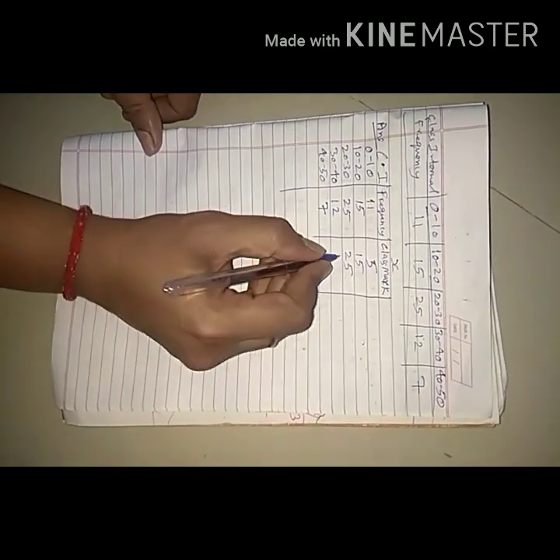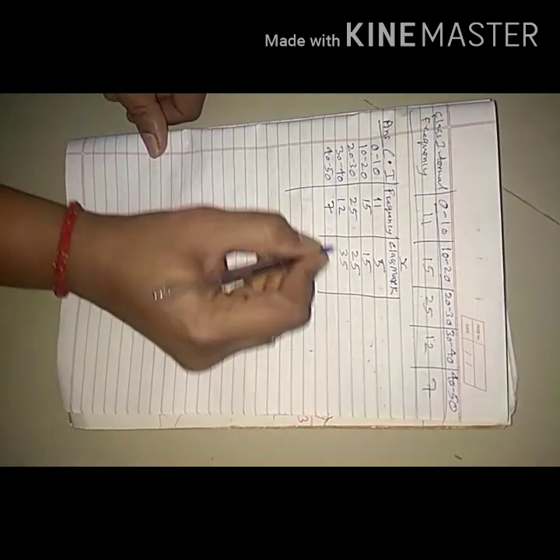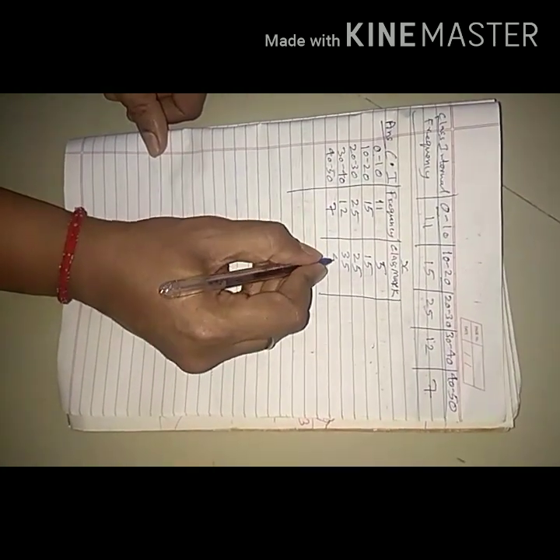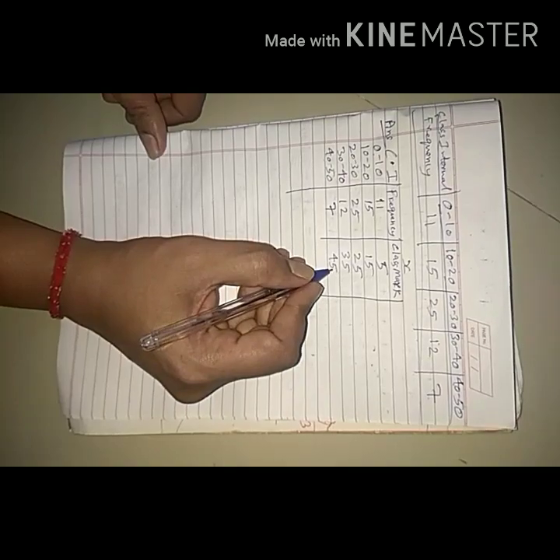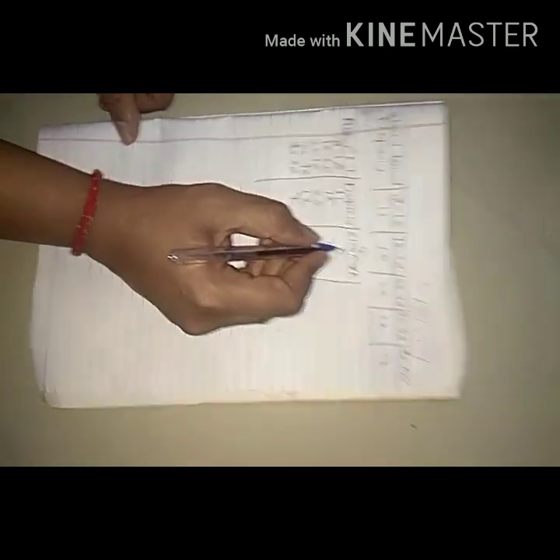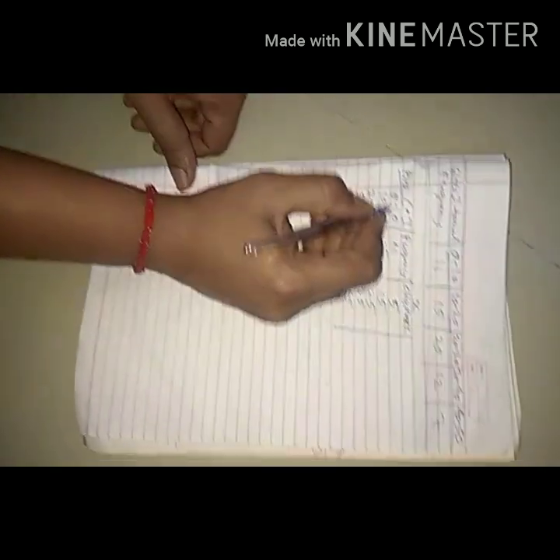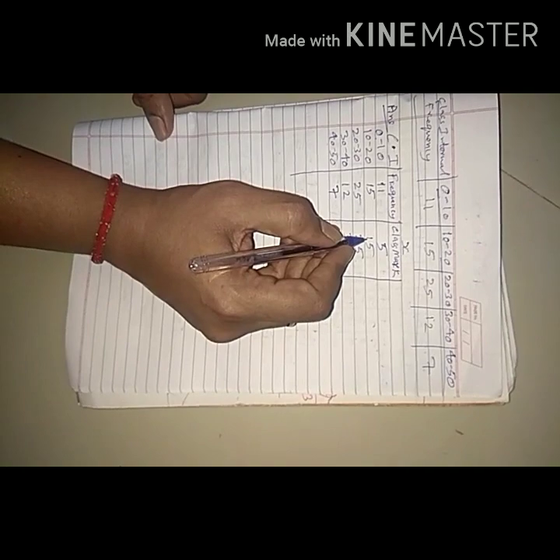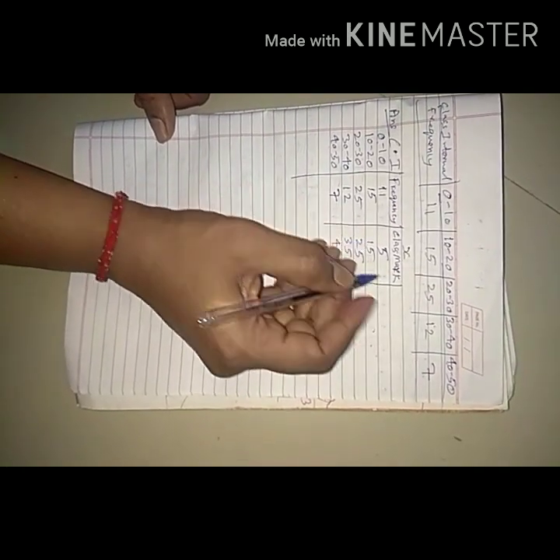For 30 to 40 middle value is 35. For 40 to 50 middle value is 45. If you want to find this using formula, what is the formula for class mark? Lower limit plus upper limit divided by 2. Already we have discussed this in finding arithmetic mean.